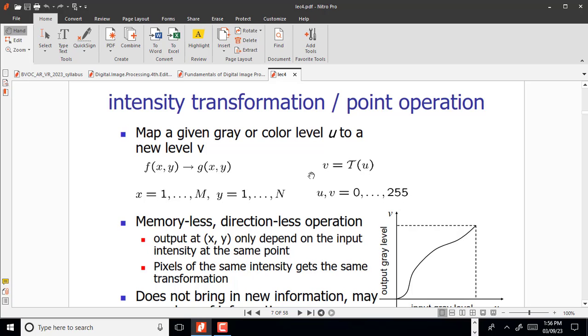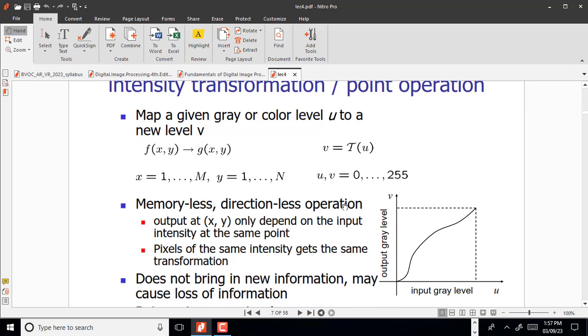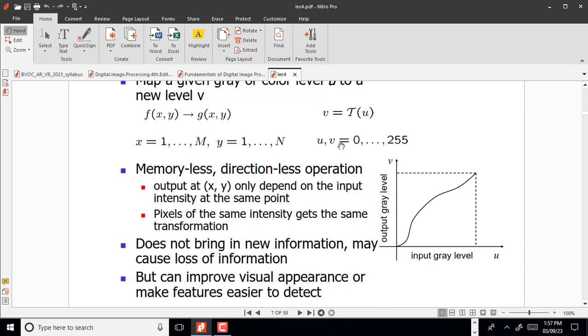Here u means the input and v means the output, so v is the transformation of the particular u value. We write this as f of x comma y implies g of x comma y, where x equals 1 to m and y equals 1 to n. These are the coordinate values. u and v represent intensity values from 0 to 255.